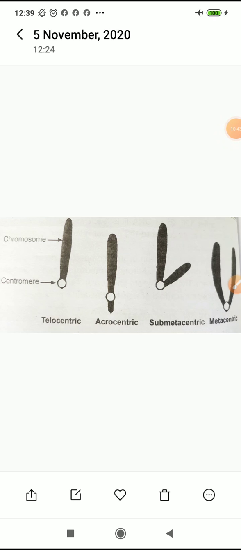Now we will see types of chromosomes. On the basis of number of centromeres, chromosome types are there. On the basis of position of centromere, also the types of chromosomes are made.